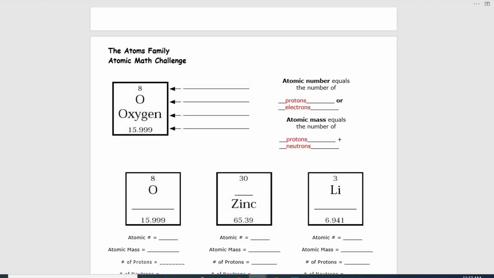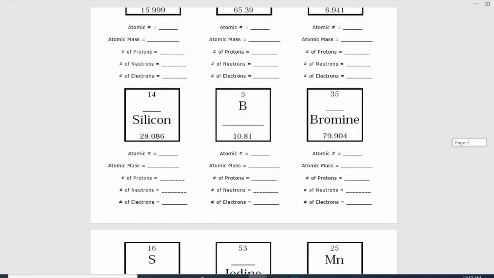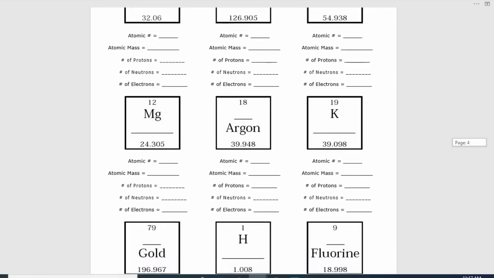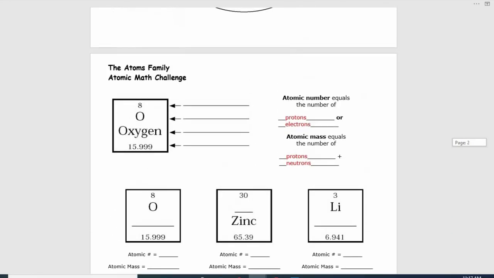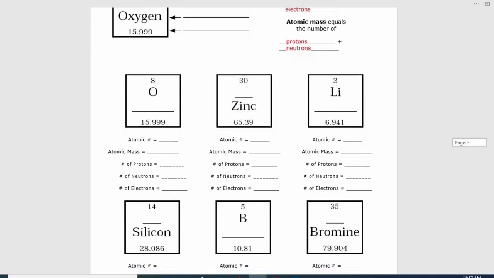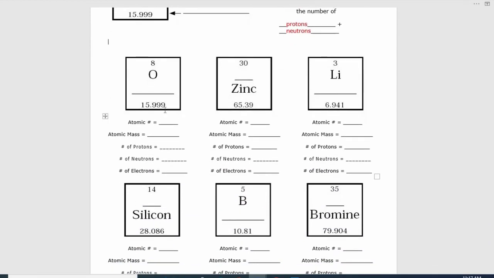Okay, and here we have a lot of examples. We must calculate the number of these things together. So let's take the first one as an example. We said that the atomic number is the number which is above, so the atomic number will be 8. Atomic mass is the number which is below, and we said that it will be 16. The number of protons equals the atomic number, which means that this is 8.